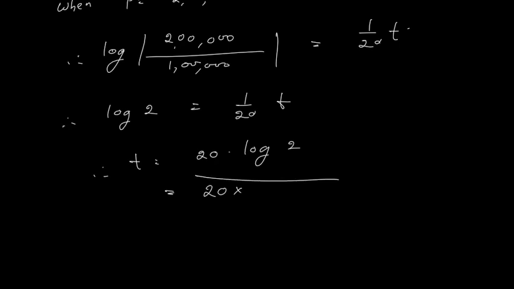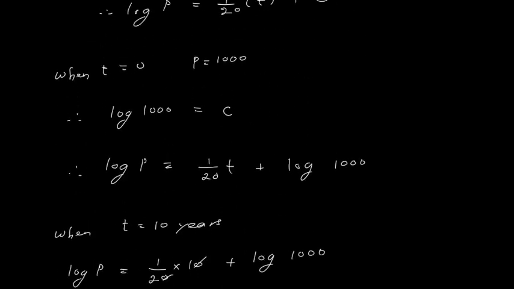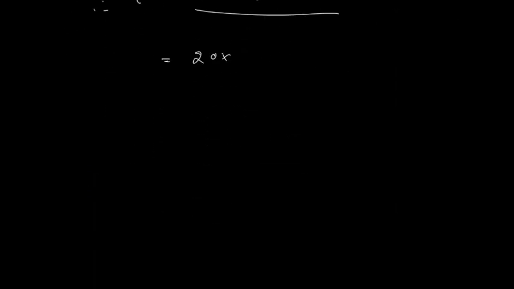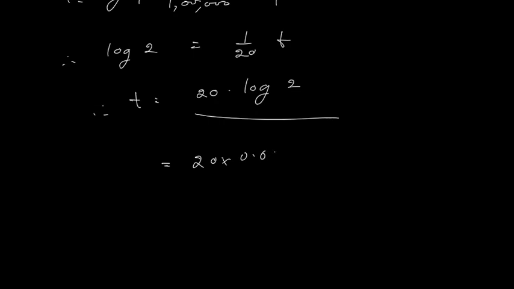If you know the value of log 2, fine, otherwise you write the time as 20 into log 2. As they have not mentioned the value here, we can keep this as it is, or if a log table is provided, you can find its value using it. In the previous problem the value of log 2 given is 0.6931, so I will use that value. 20 multiplied by 0.6931 gives 13.862.